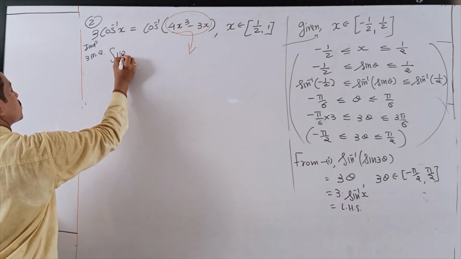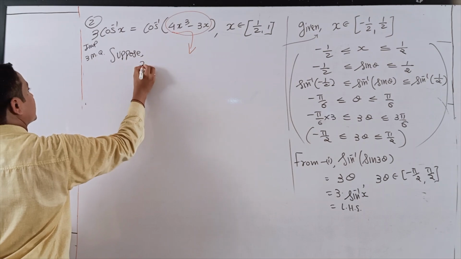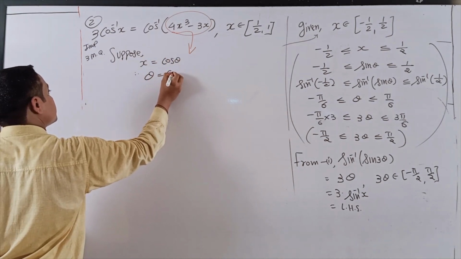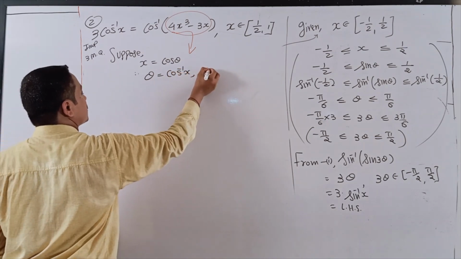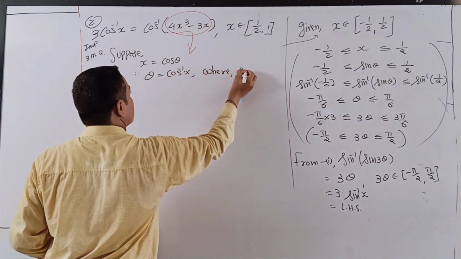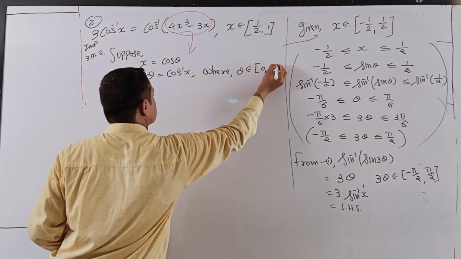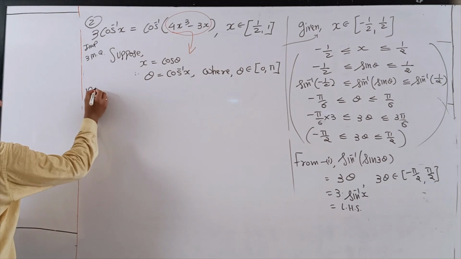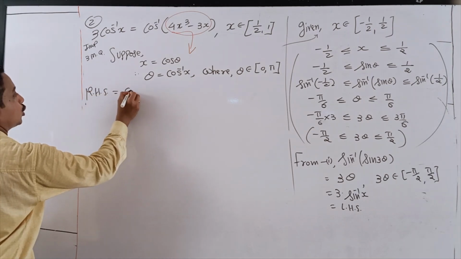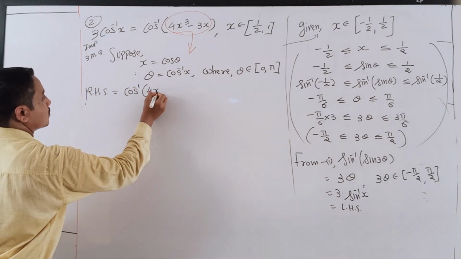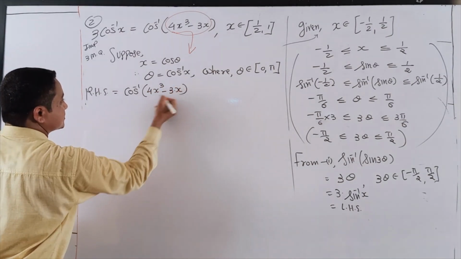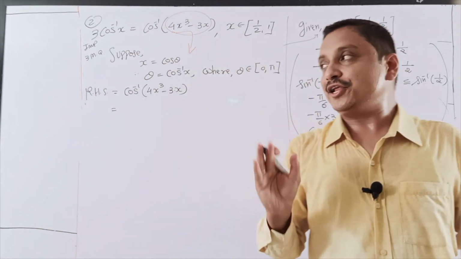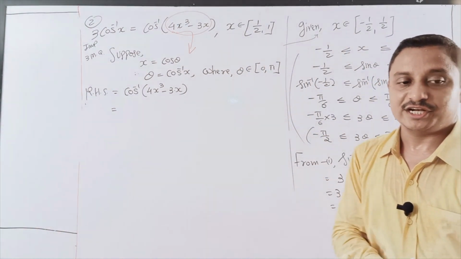Suppose x is equal to cos theta. What is theta? Cos inverse x, where theta belongs to my interval 0 to pi. That's why the RHS starts: cos inverse of 4x cubed minus 3x. If you put in the values, surely it utilizes our formula cos 3 theta.